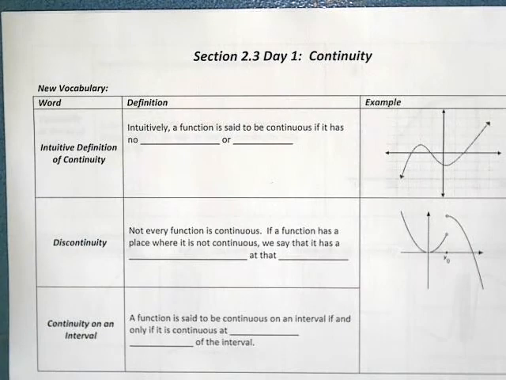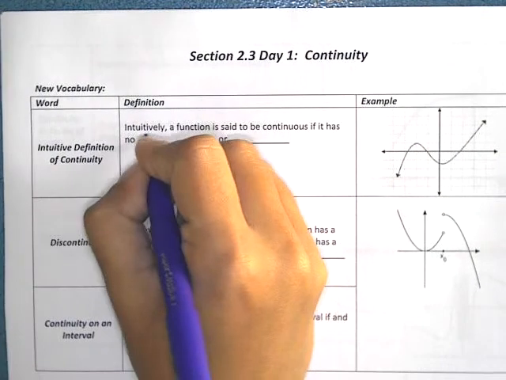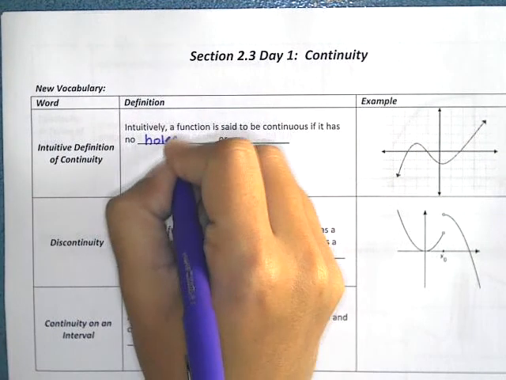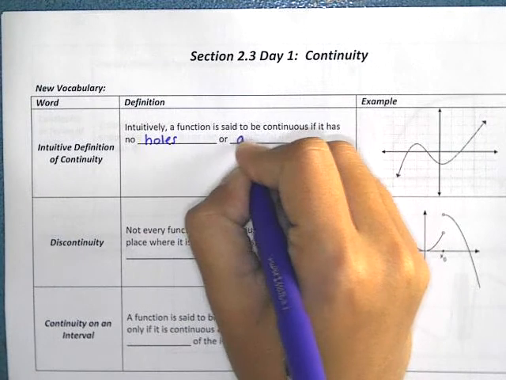So intuitively, which means it just sort of makes sense, we would say that a function is continuous if there are no holes and no asymptotes.